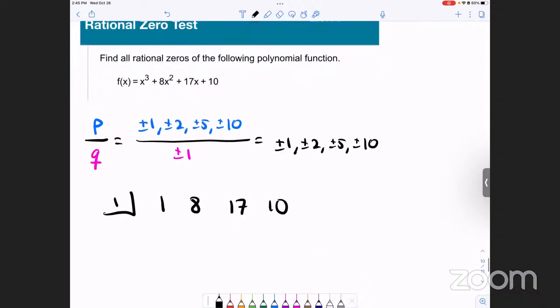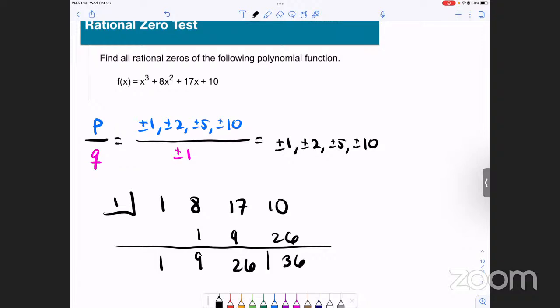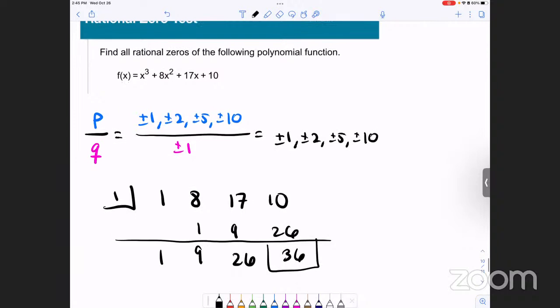Looks good, 4 numbers. So then we get 1, 1, 9, 9, 26, 26, 36. That is not a zero.